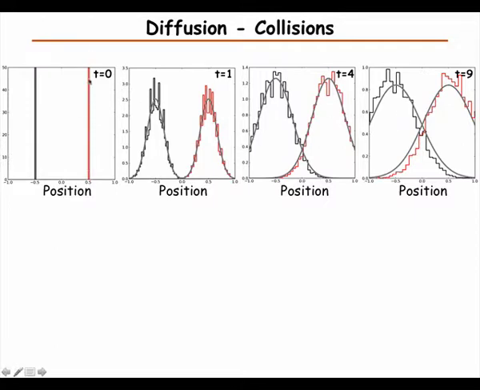One particle starts here and one here, and then as they diffuse, we get wider and wider distributions, and we see that here we get a deviation from the expected free diffusion form because they collide and we take them out of the game when they collide.